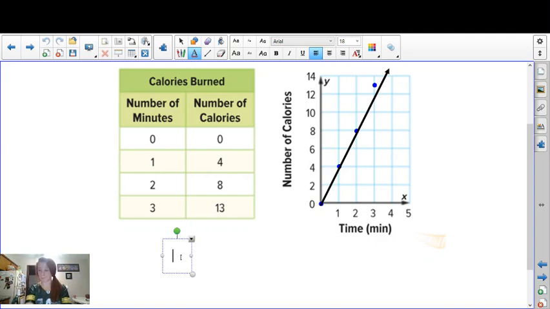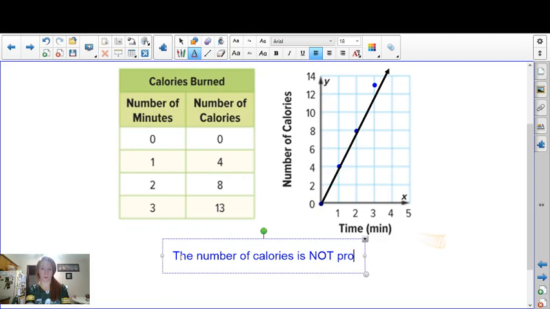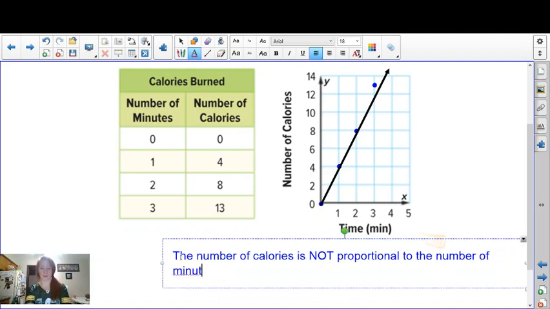Nope. So the number of calories is not proportional to the number of minutes, even though it is going through the origin, it's not a straight line.